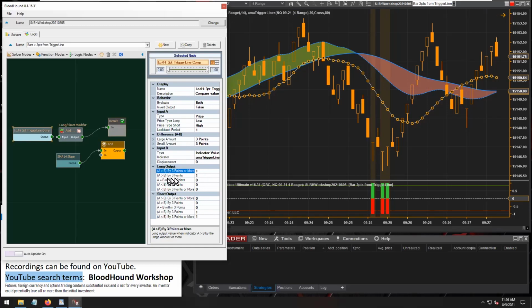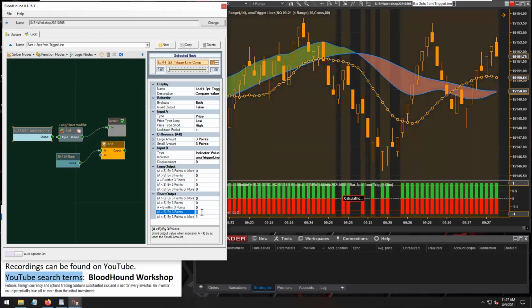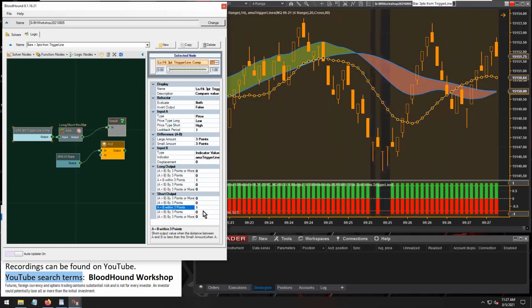So instead of looking for A to be greater than B, we look for A equals B within 3 points. If I turn that on, there we go. Get those outputs correct. Okay, so for the long outputs, I'm using A equals B within 3 points.